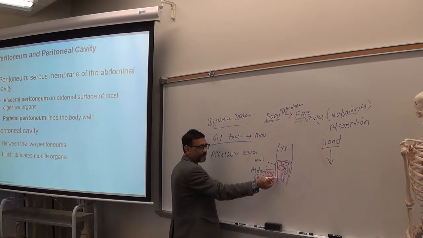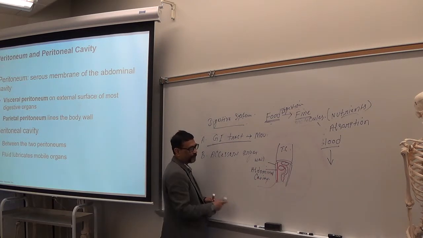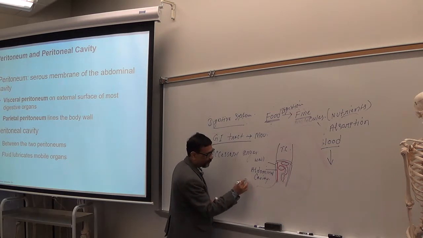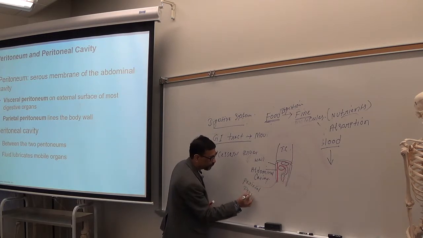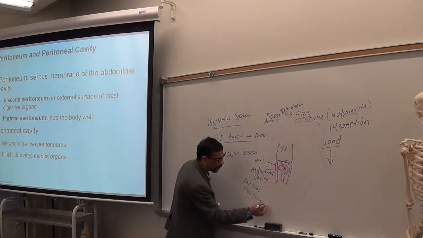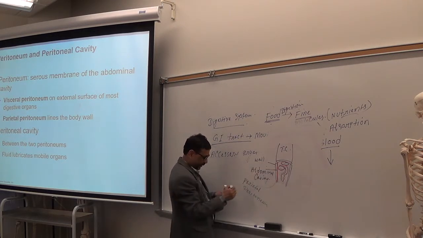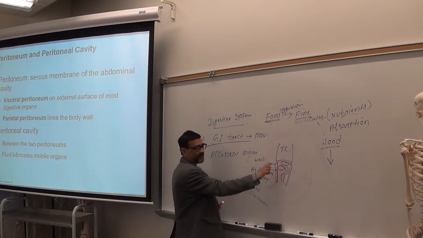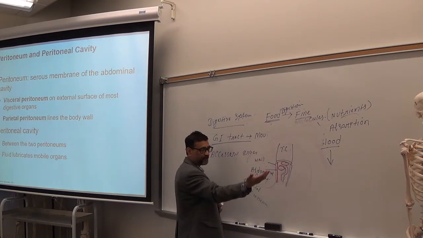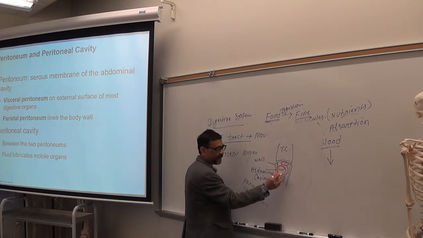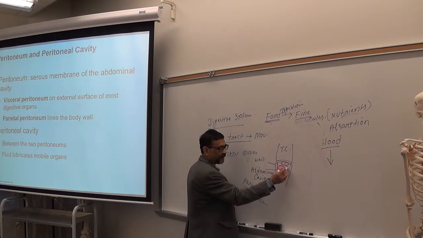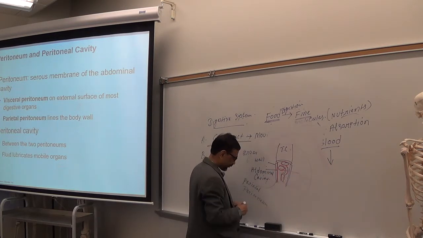One layer is attached to the wall of the abdomen, that is called the parietal. That is the outer one, right? So parietal peritoneum, and the one that is going inwards and covering the internal organs like your liver, stomach, intestine, that layer around the organs, that is called the visceral peritoneum.